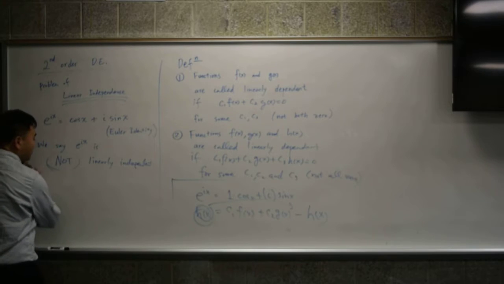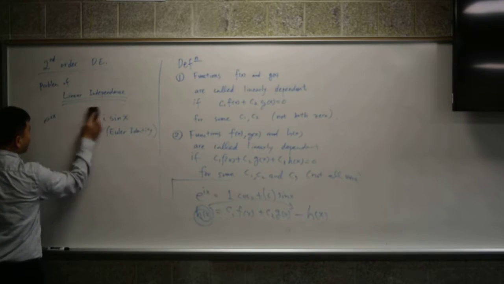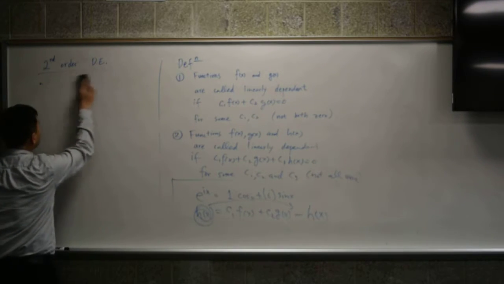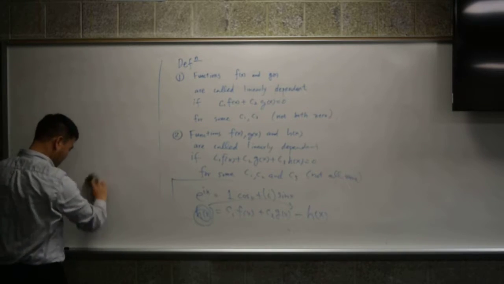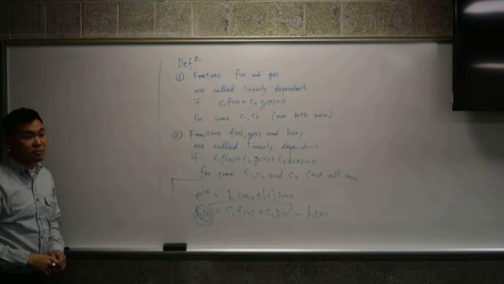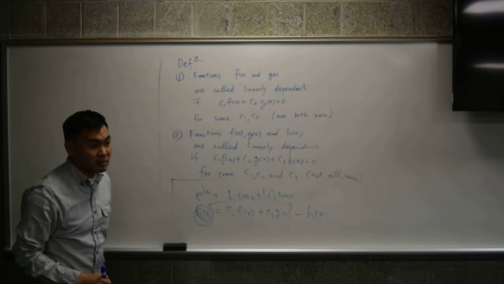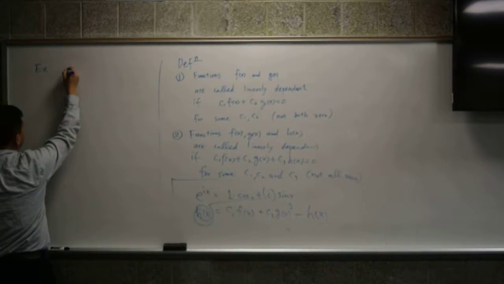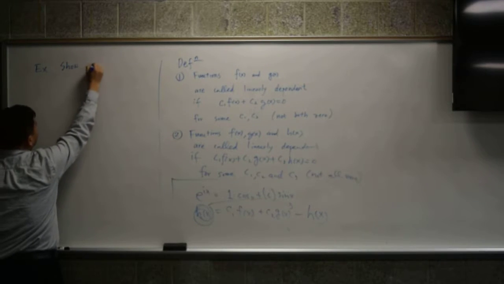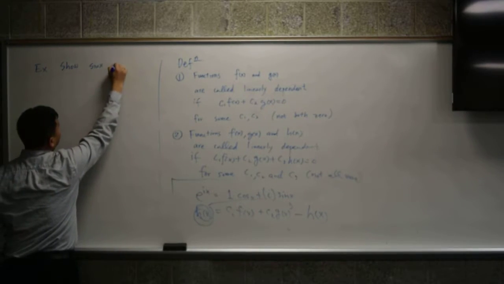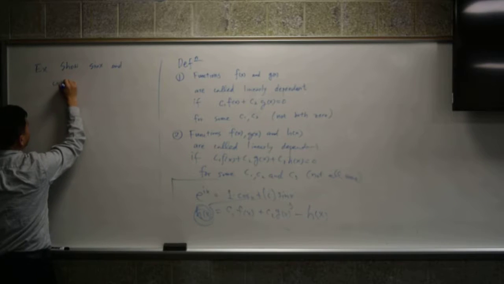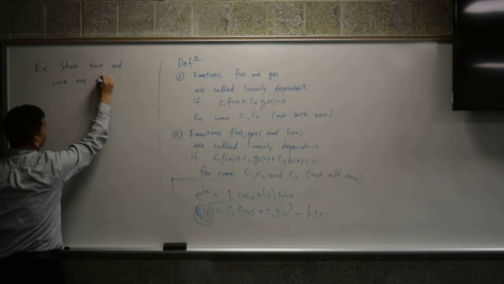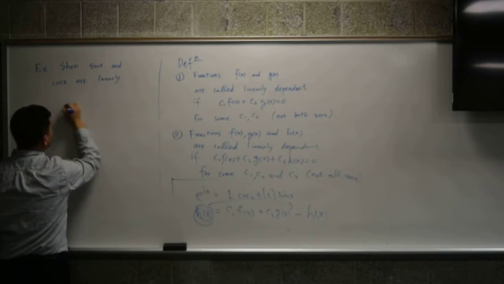Okay. Now let's see if you can actually determine whether two given functions are linearly dependent or not. Okay. So example 1. Show sine x and cosine x are linearly independent.